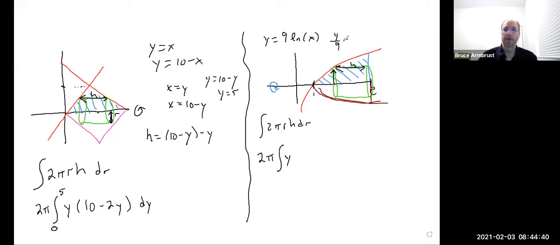So let's solve this thing for x. We're going to get y over 9 equals natural log of x, or x equals e to the y over 9. So our height is going to be e minus e to the y over 9.